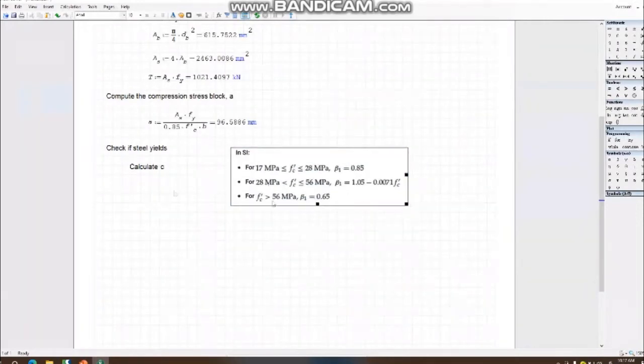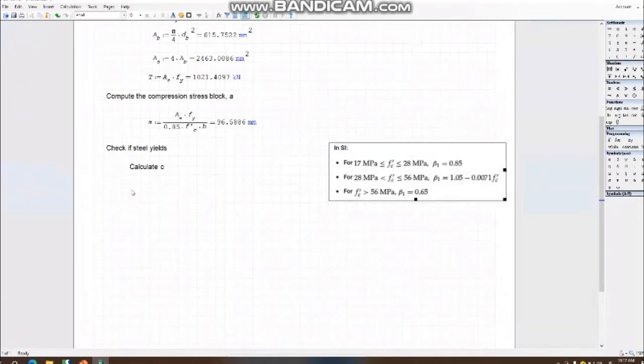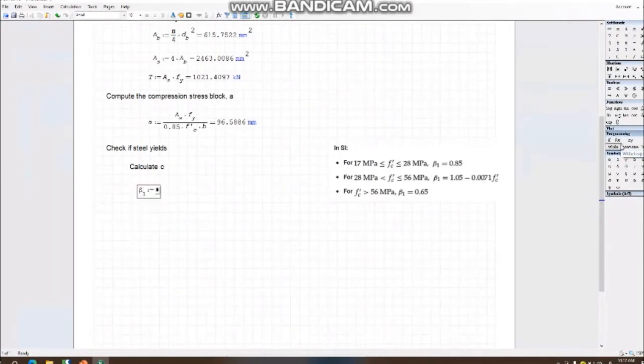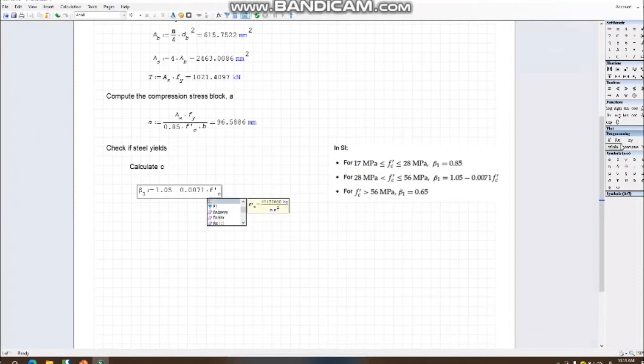Determine. So therefore, ang atong beta 1 is equivalent to 1.05 minus 0.0071 times FC prime.